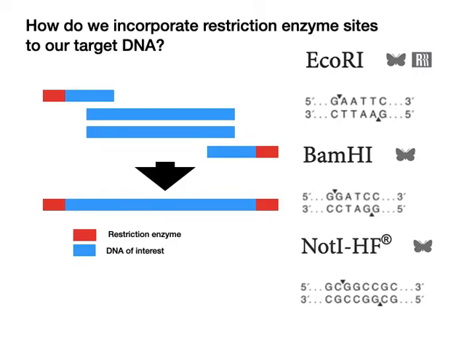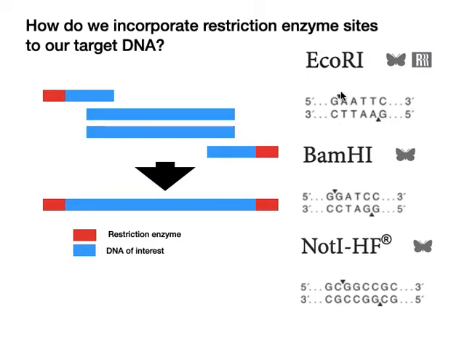These are some of the classical examples of restriction endonucleases. EcoR1, as you can see, GAATTC, CTTAAG, which is its complement. EcoR1 will cut in a staggered pattern, which means it's not even, it's not the same.